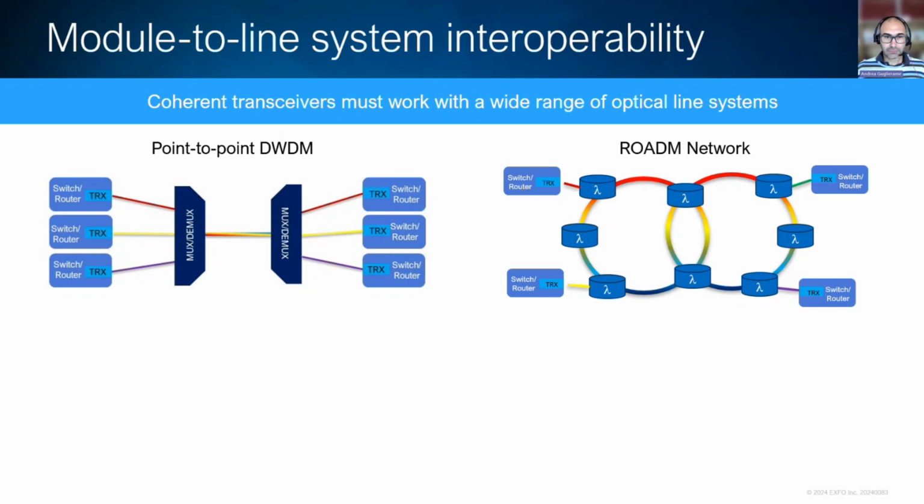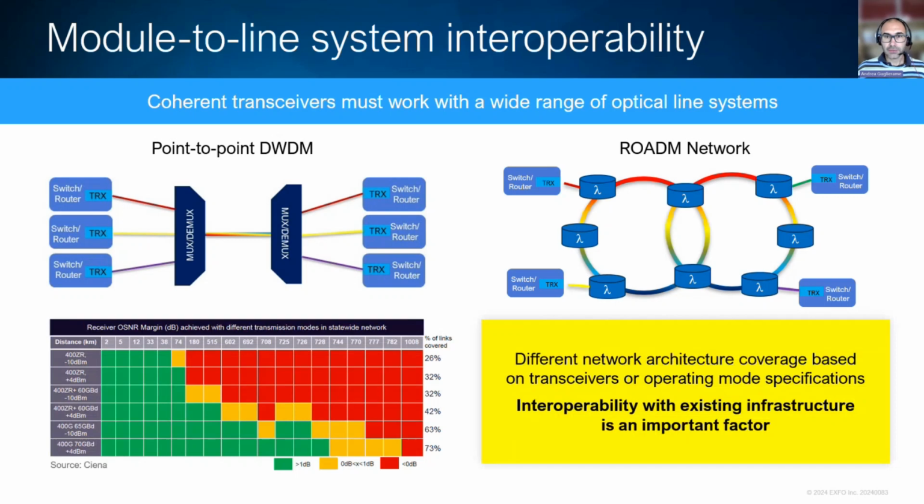For example, we could have a point-to-point DWDM link or a ROADM network, and the 400G coherent may need to coexist also with other types of technologies. So also different operating modes, like different FEC support or optical TX power capabilities, could be versions with higher power.